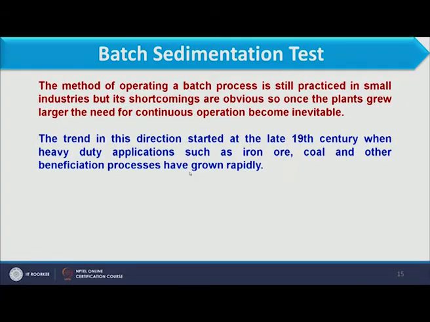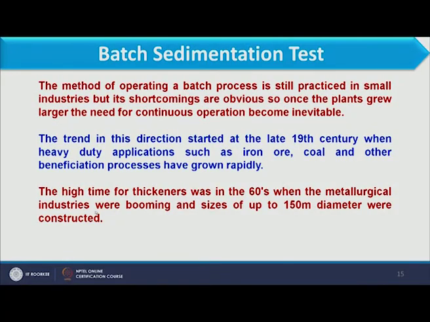So we have to design the thickener for continuous operation. The trend in this direction started in the late 19th century, when heavy duty applications such as iron ore, coal and other beneficiation processes grew rapidly. So the design of continuous systems started in the 19th century for beneficiation of coal and other minerals.